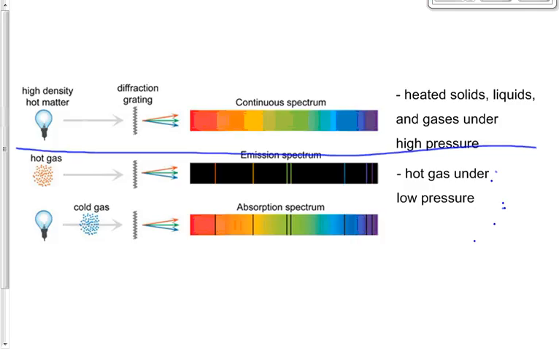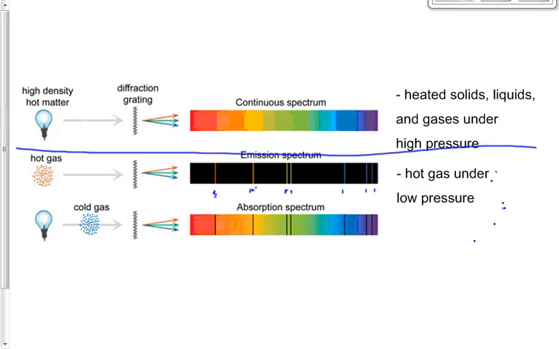It may look like white light when it's coming out, but when we put it through a prism or a diffraction grating and split it up, we can see quite clearly that it's not white light. It's not a rainbow that's formed here. It's very specific colors that are formed. Each of those colors corresponds to a particular frequency of EMR that was released, that was given off when an electron made a transition. So this one would correspond to one transition, this one would correspond to a different transition, and so on and so on and so on.